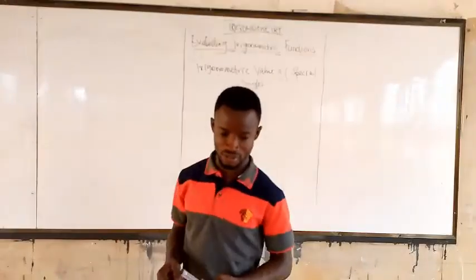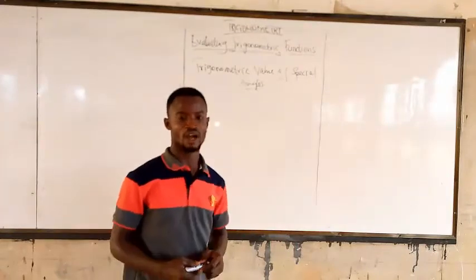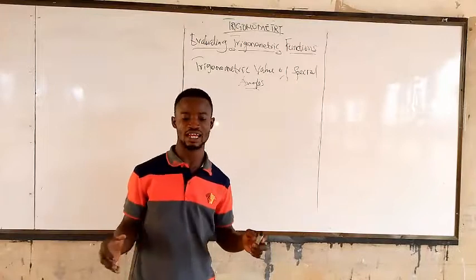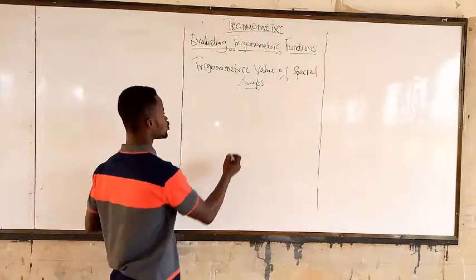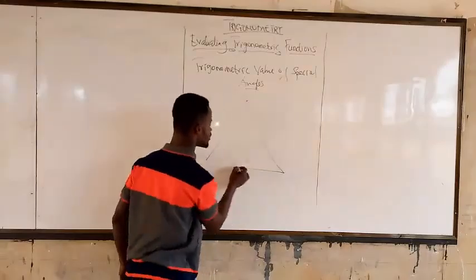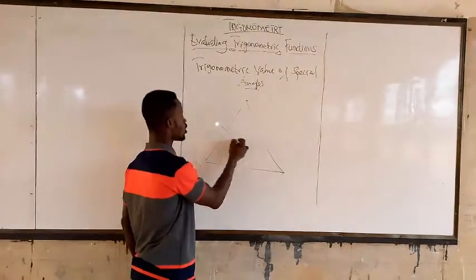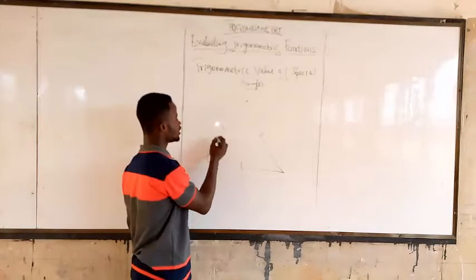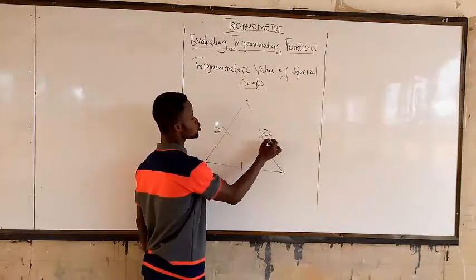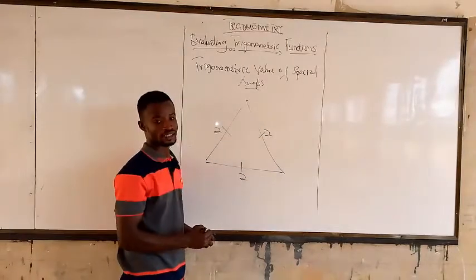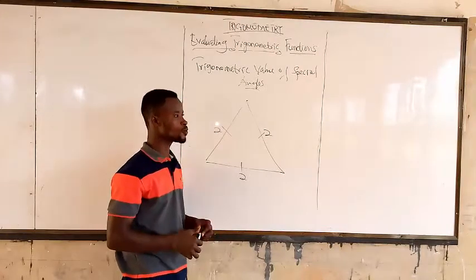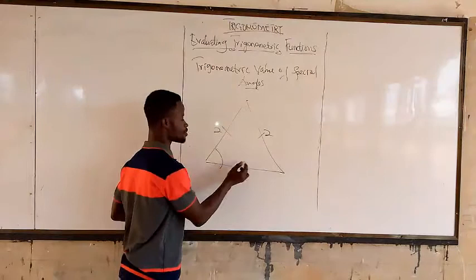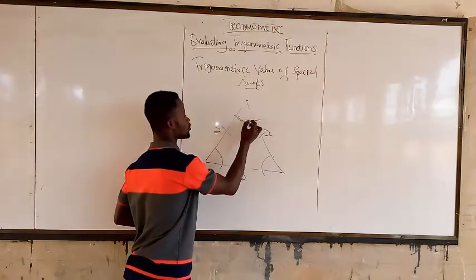Looking at the trigonometric values of special angles, we are going to base our concept on an equilateral triangle. We know that for every equilateral triangle, all the sides are equal. So that means if here is 2, here is 2, here is 2. And the angles are also the same.